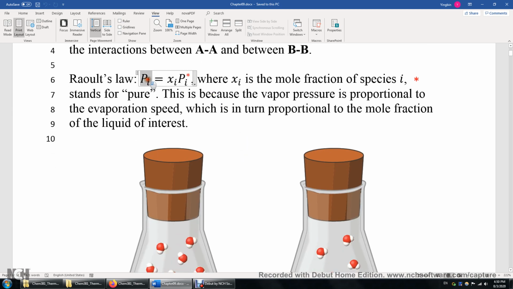Why is this vapor pressure of component I in a solution proportional to its mole fraction? It's very simple. The vapor pressure of a component in a solution is proportional to the evaporation speed of that component.